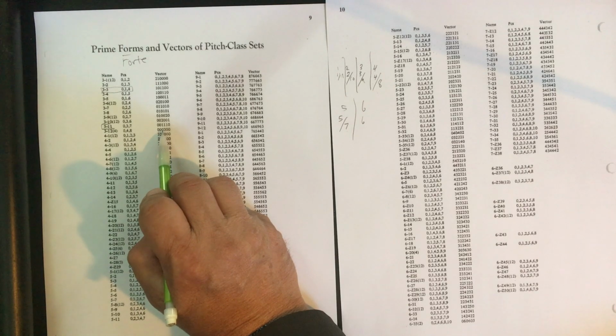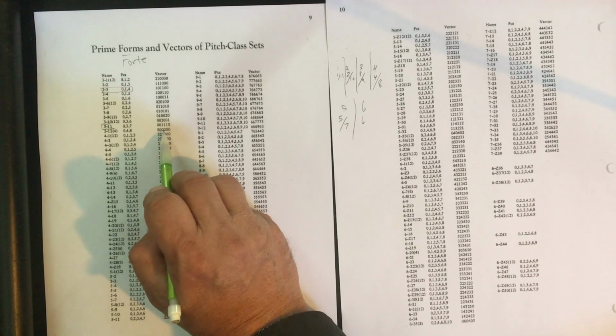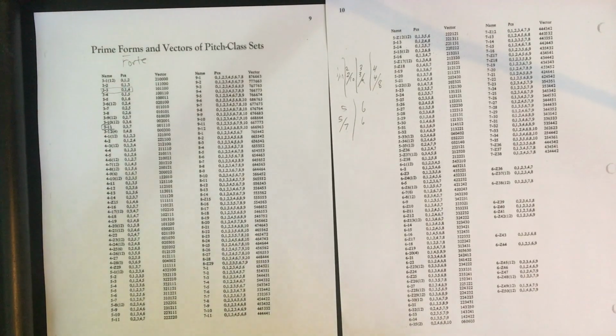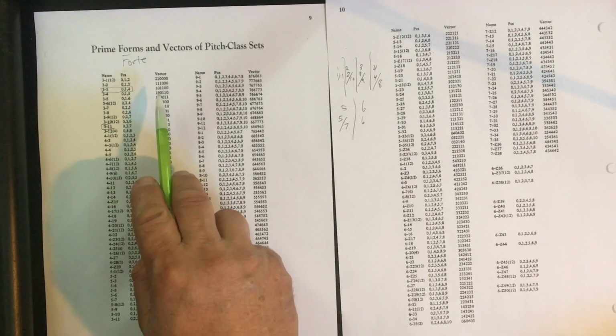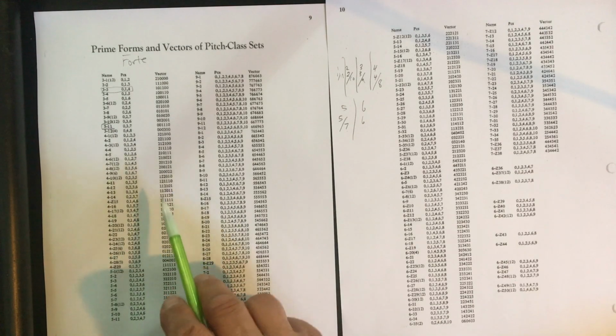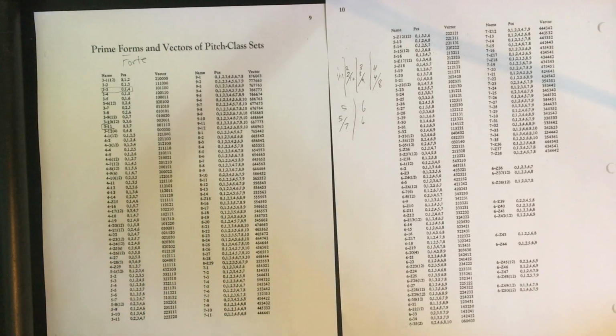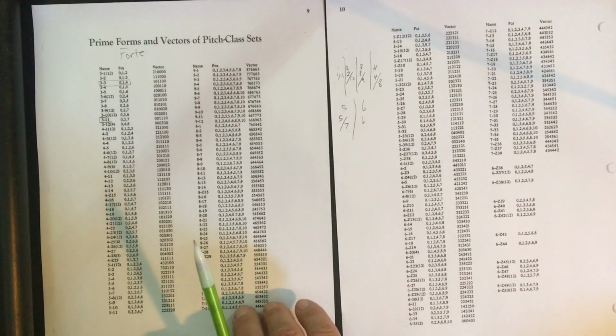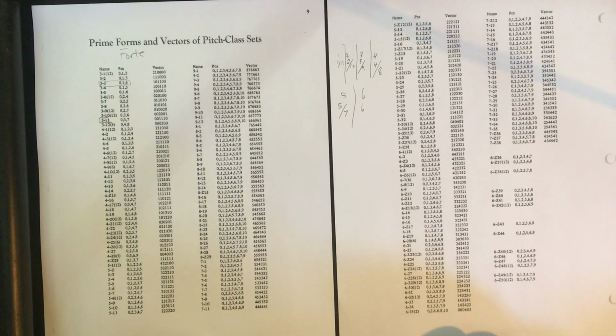The interval is 8 or minor 6, but if we invert it, we get interval class 4. So 1, 2, 3, 3 interval class 4s, okay? And you can go through and you'll notice that the vectors are quite revealing. They're quite interesting. There's lots of things we could look at. For instance, we looked at 635, the whole tone scale.